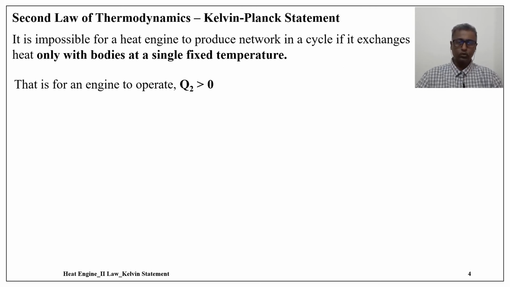Q2 is the heat rejection. Without heat rejection, a heat engine cannot work. So this is the Kelvin-Planck statement of the second law of thermodynamics. This implies W net is never equal to Q1, and hence the efficiency of a heat engine cannot be 100%.